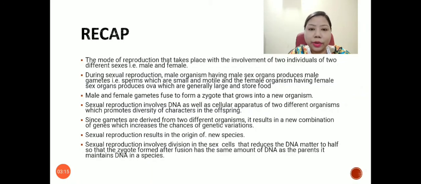So that is the reason why the DNA reduces to half, and then they combine together to form the zygote, and the offspring which will be developed from the zygote contains the same amount of DNA as that of the parents.